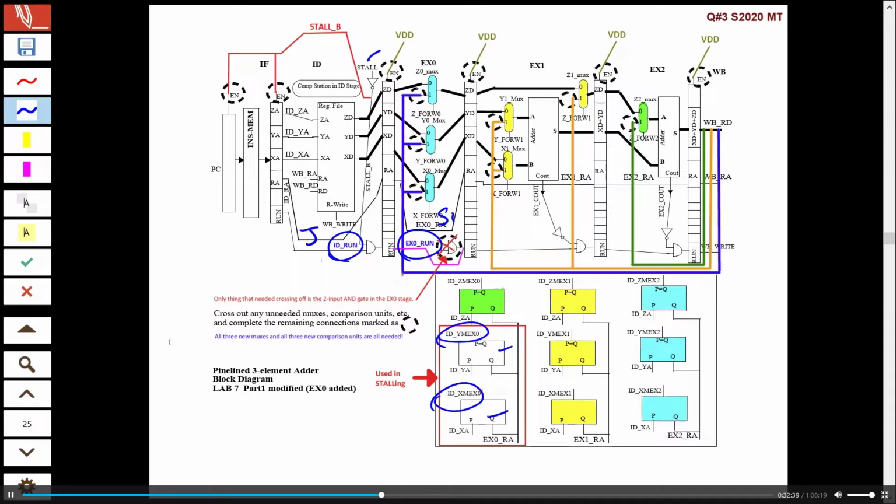So fairly straightforward logic. Under those conditions, I produce stall, which I invert and produce stall B. And that stall B I send to him to stall this dependent instruction. And that stall B I send to him to inject a bubble. Okay.